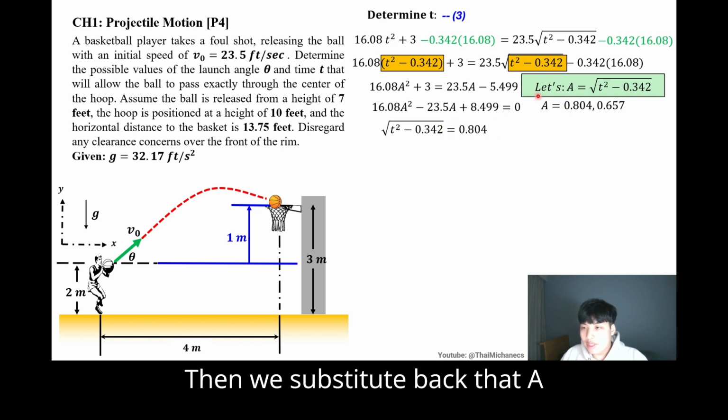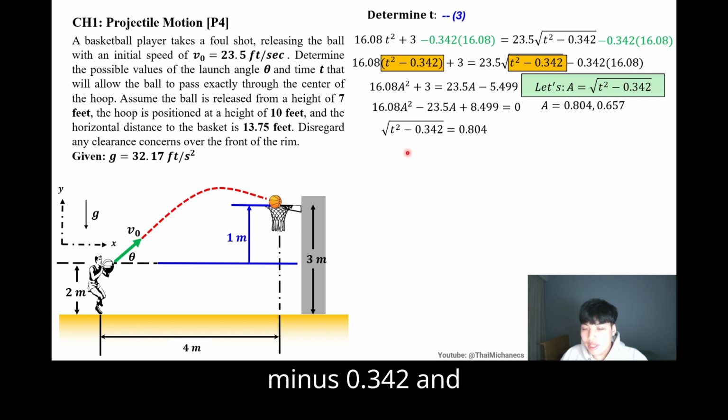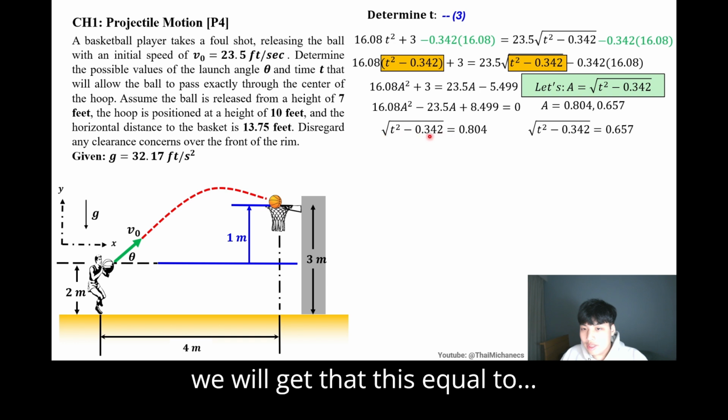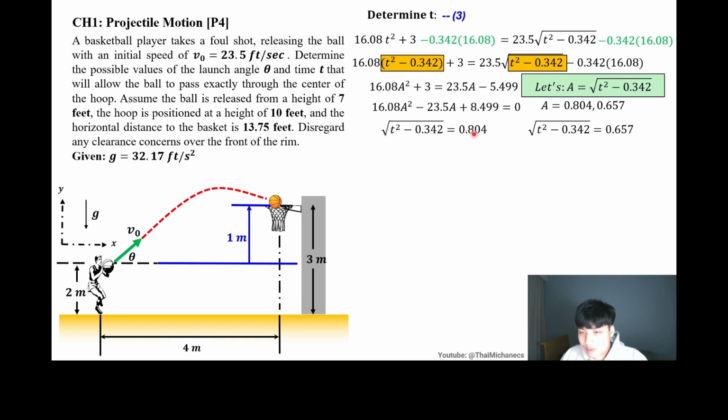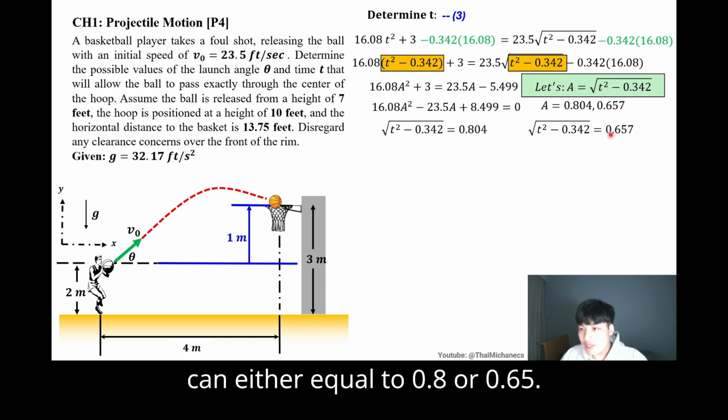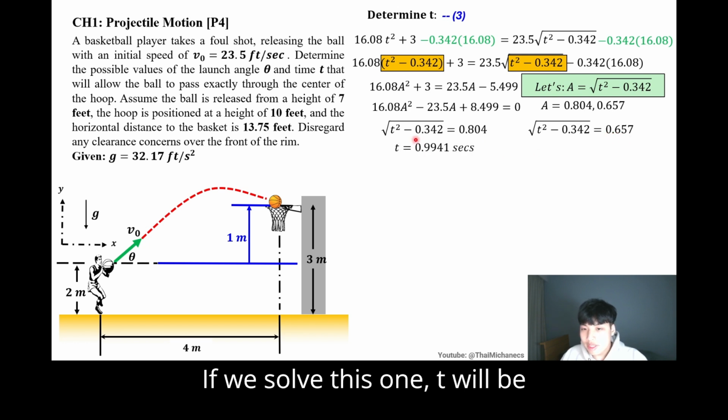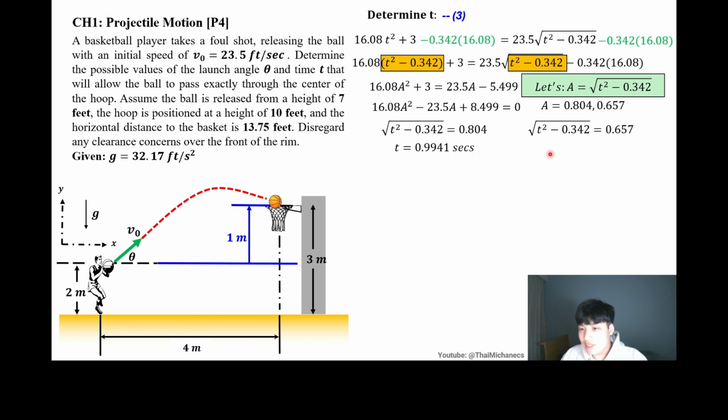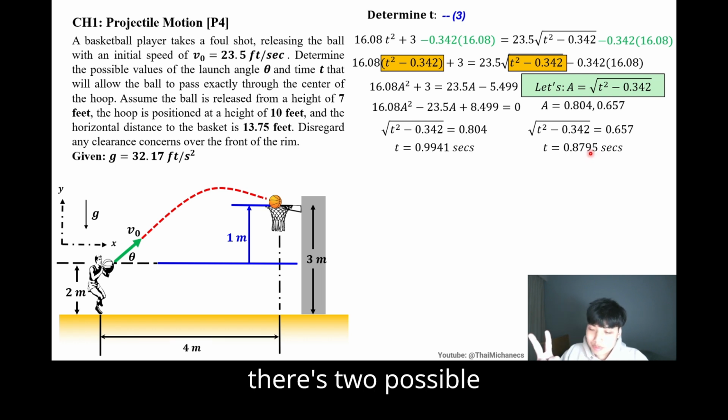Then we substitute back that a equals the square root of t squared minus 0.342, and we get that this equals either 0.8 or 0.65. If we solve this one, t will be equal to 0.9941. Another one will be 0.8795. So there are two possible times that this basketball travels.